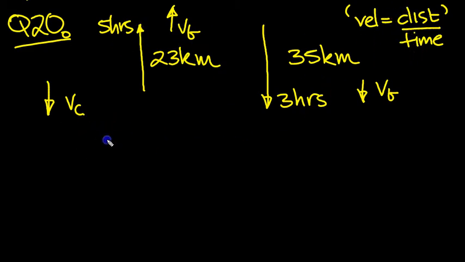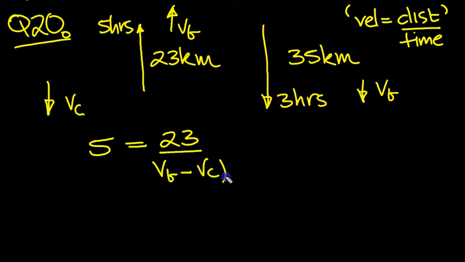Time is 5 for this one, equal to the distance travelled, which is 23 kilometers, over velocity. Now the velocity going up is VB minus VC, because it is travelling upstream, so VB will be bigger than VC.